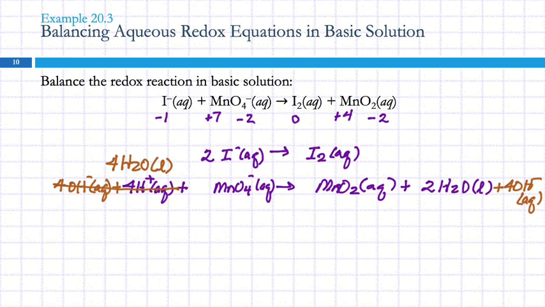So now we need to balance for charge. So this one, I've got -2 charge on that side. So what should I do on this side? Add electrons. So I need 2 electrons, right?